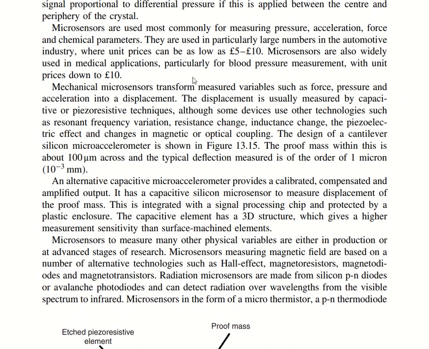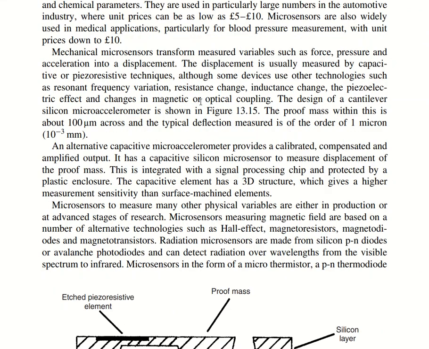So microsensors are most commonly used for pressure, acceleration, force, and chemical parameters, and they are widely used in medical applications, from blood pressure measurement to temperature measurement of the body and so on. The mechanical microsensors transform measured variables such as force, pressure, and acceleration into displacement.